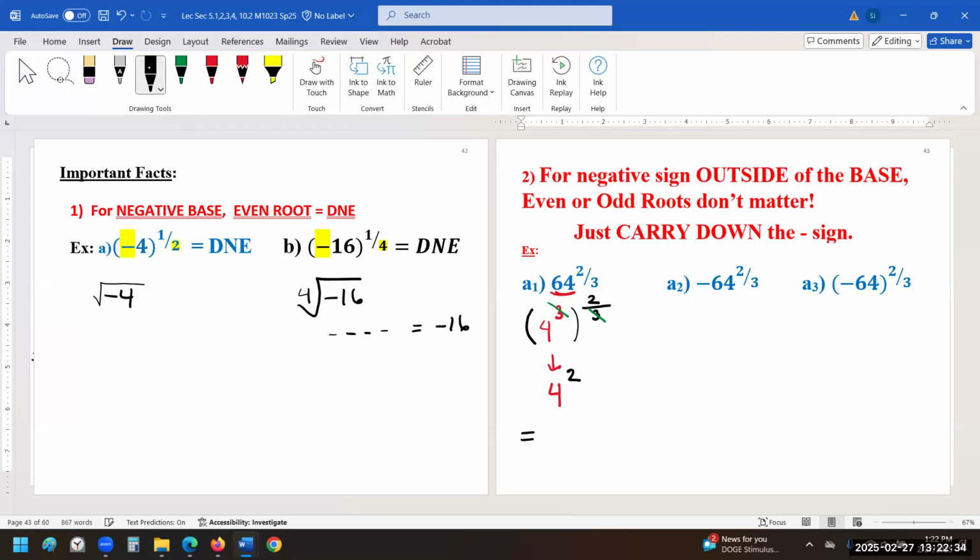So we have 4 twice. What's the answer? 4 squared is 16. See? Bring the power, whatever is left, bring it down. After cancellation, bring your base down, and then apply your power.